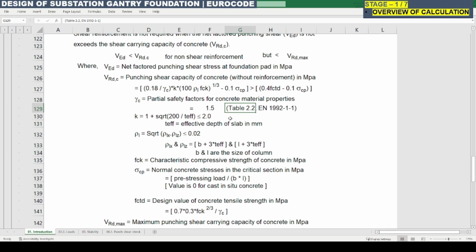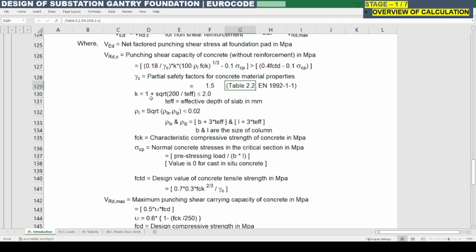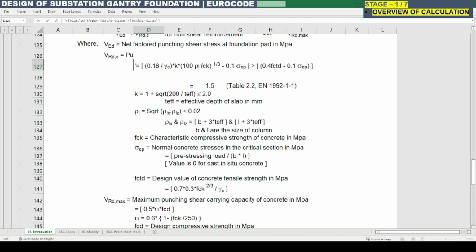So the partial factor, VRD equal to 0.18 divided by gamma C into K into 100 rho, where rho is the reinforcement percentage, FCK is the concrete characteristic strength, and sigma CP is the normal concrete stress in the critical section.